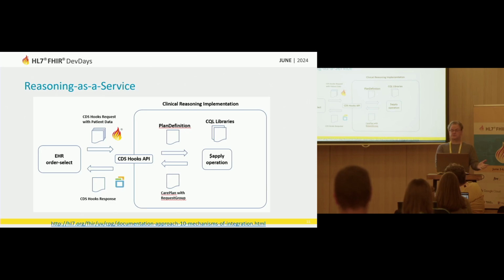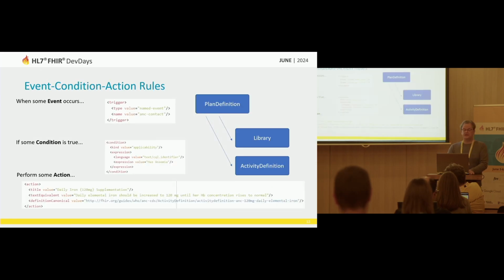So this is the actual request that's happening from the patient perspective in the clinician workflow, and we're actually using a plan definition apply underneath to run the decision support. That plan definition represents an event condition action rule.